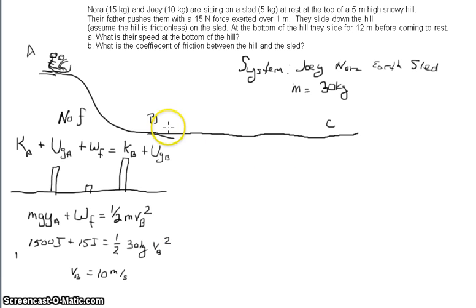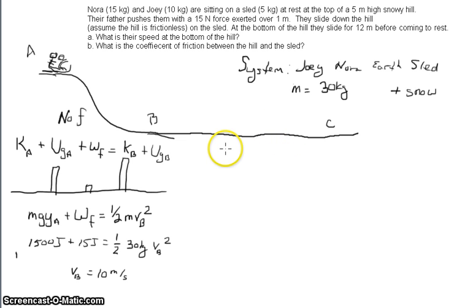Alright, so now going from B to C. From B to C, we're going to not only include Joey, Nora, the Earth, and the sled, but we're also going to include the snow in this part. The reason for this is they're asking for the coefficient of friction. So the interaction between the snow and the sled is where all that kinetic energy is going to go. It's going to go to internal energy.